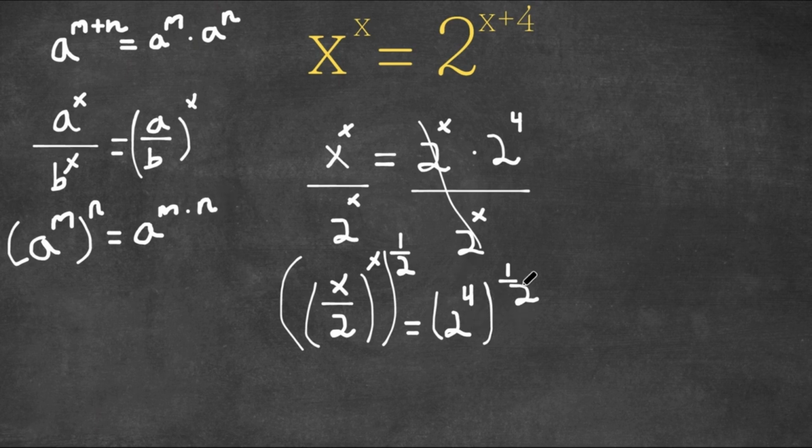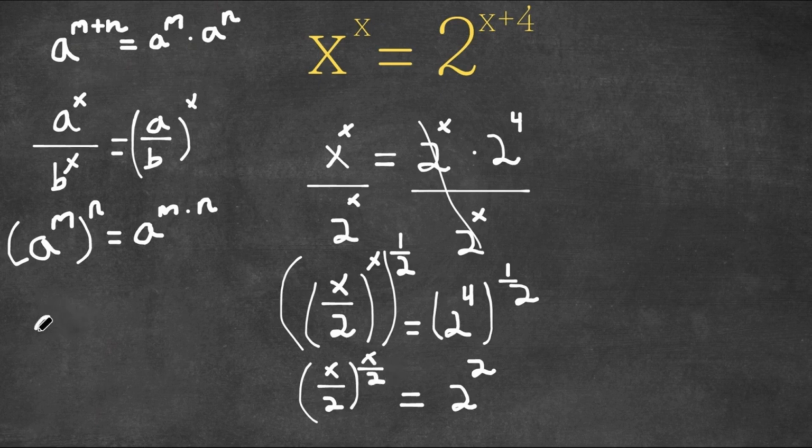So 2 to the power of 4 to the power of 1/2, well, what's 4 times 1/2? 2. So this would be 2 to the power of 2. And for our left side here, x times 1/2 is simply just x over 2. So we would have x over 2 to the power of x over 2.